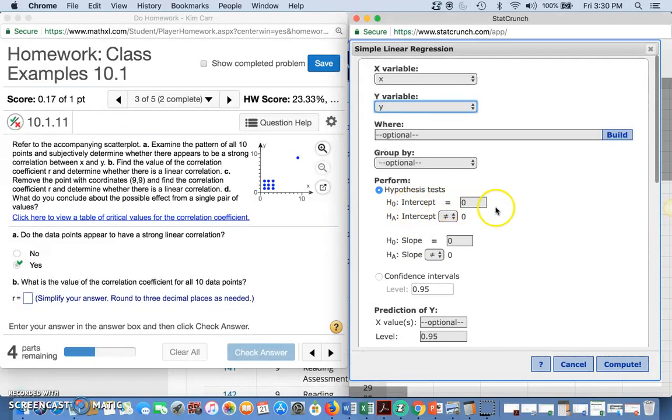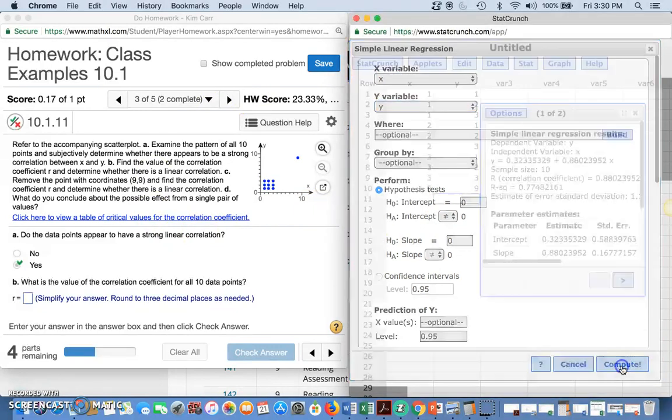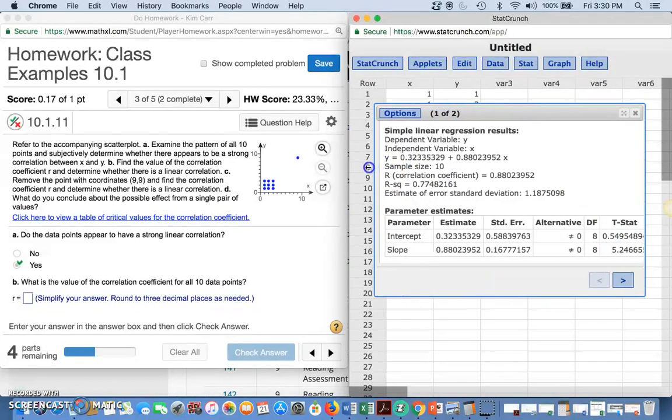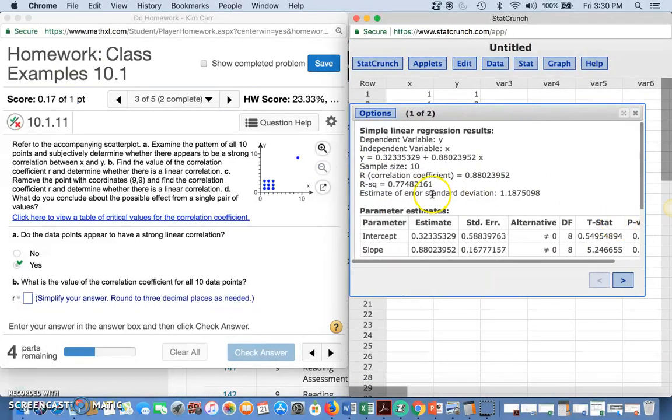Let's see what the intercepts are supposed to be. Okay, we'll leave all of this equal to 0 and not equal to 0. Let's compute, see what we get. All right, now, I think we've got what all we're supposed to get here.